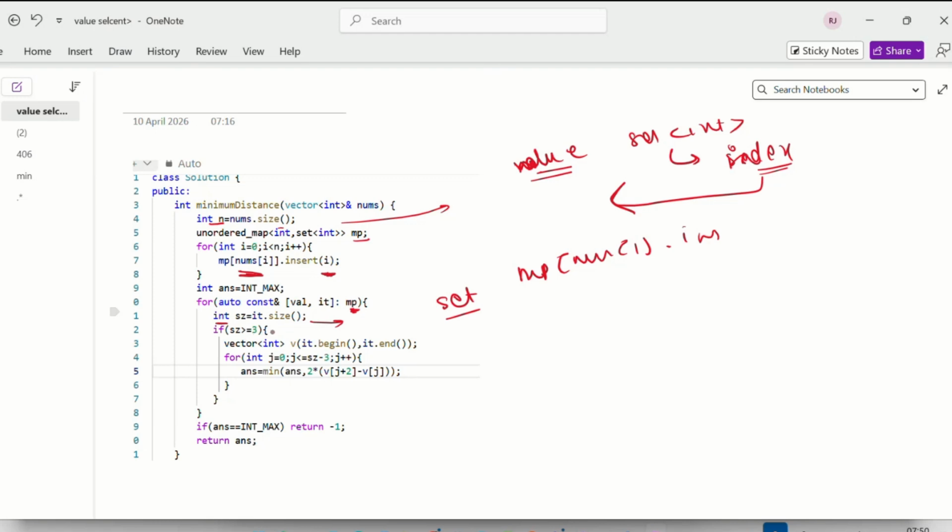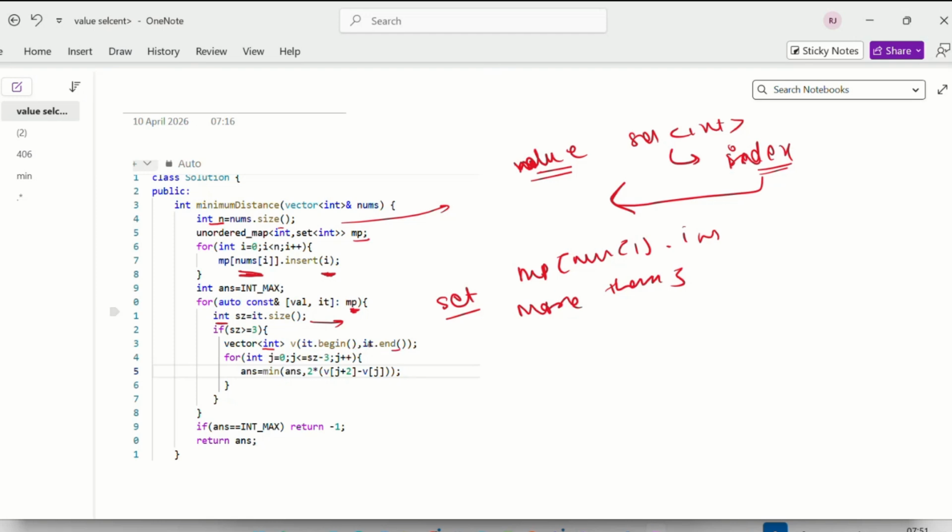And if the set size is greater than or equal to 3, like there are at least 3 values in that set, we will store those values in a new vector, and directly transfer the values using it.second.begin(), it.second.end().